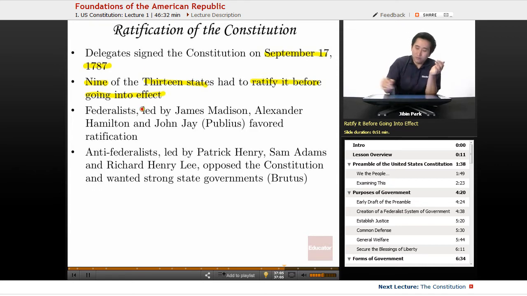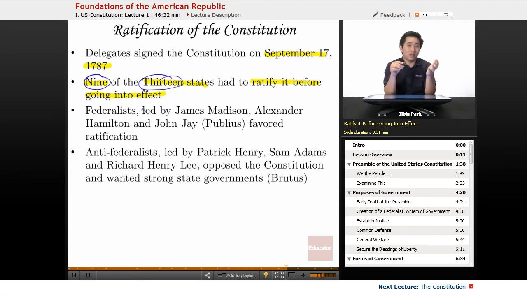So even though 9 of the 13 states were required to ratify according to the provisions of the yet unpassed Constitution, if you had Rhode Island or Delaware or New Jersey refusing to sign, then you would have had a problem. But eventually all of the states did end up signing.